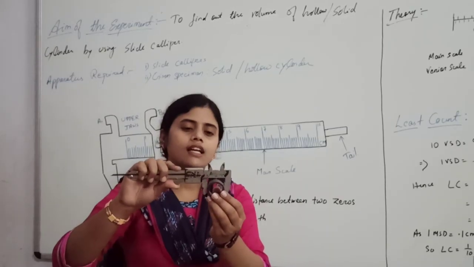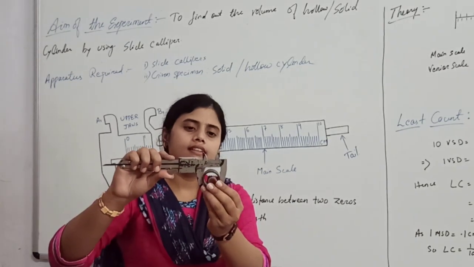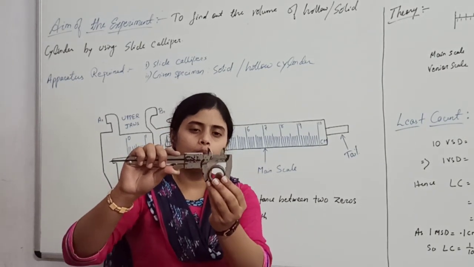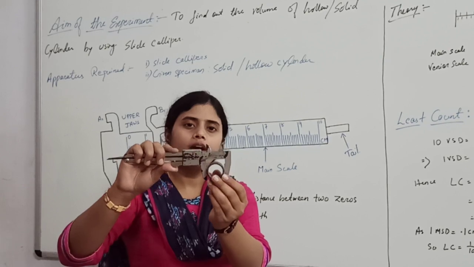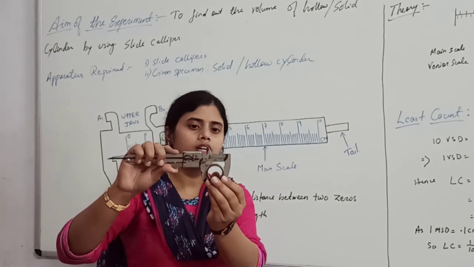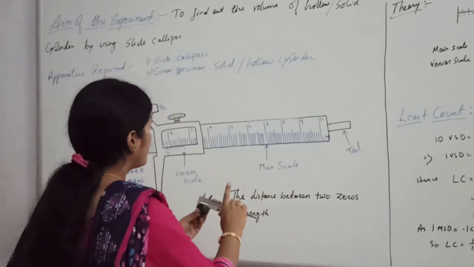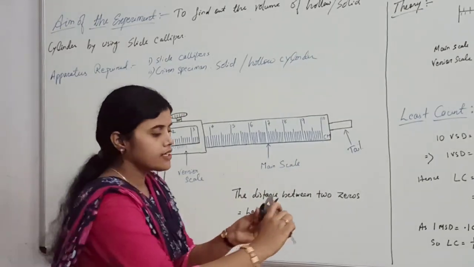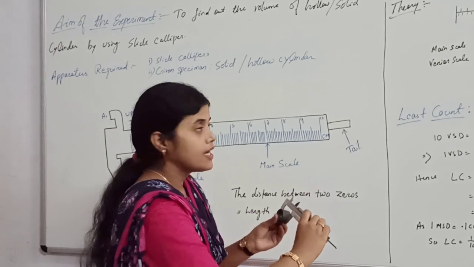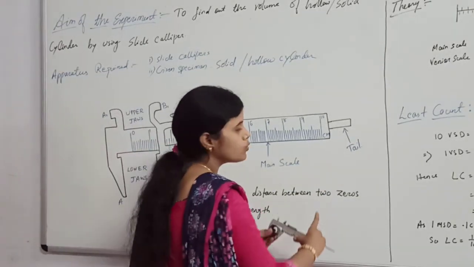Now you can see, suppose I want to find the external diameter of this hollow cylinder. I have placed the object in between the lower jaw. So as I told you, if you want to know the length, here the diameter is considered as the length, you have to find the distance between two zeros.